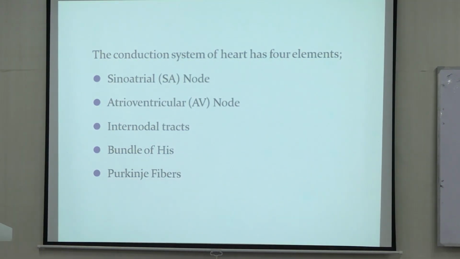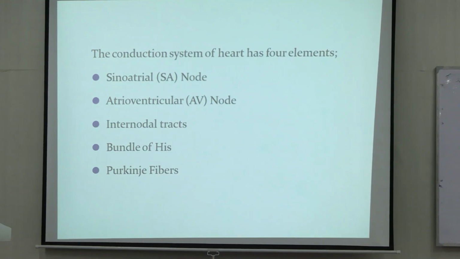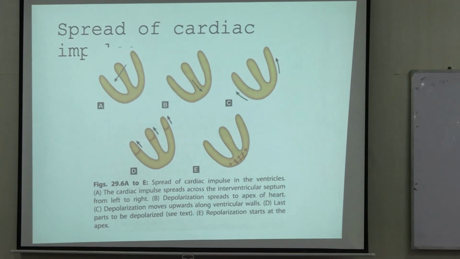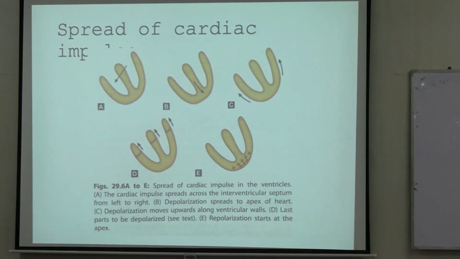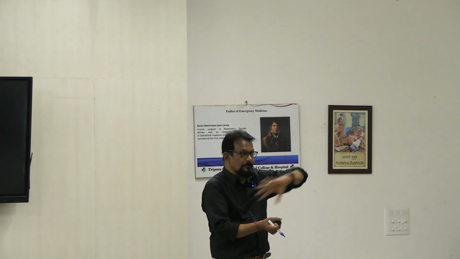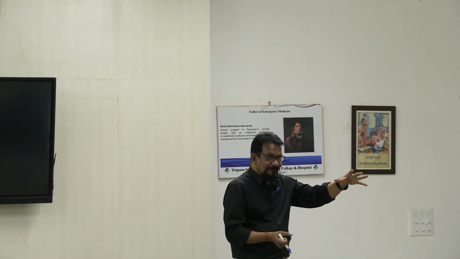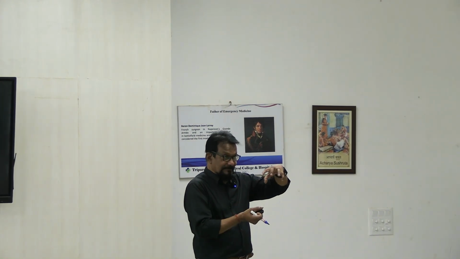I will not elaborate this because we have already discussed it in our earlier class. One thing here I want to elaborate. The SA node at the right atrium produces the impulse. It will be transmitted to the atrial muscle first, so there will be contraction of the atrial muscle.